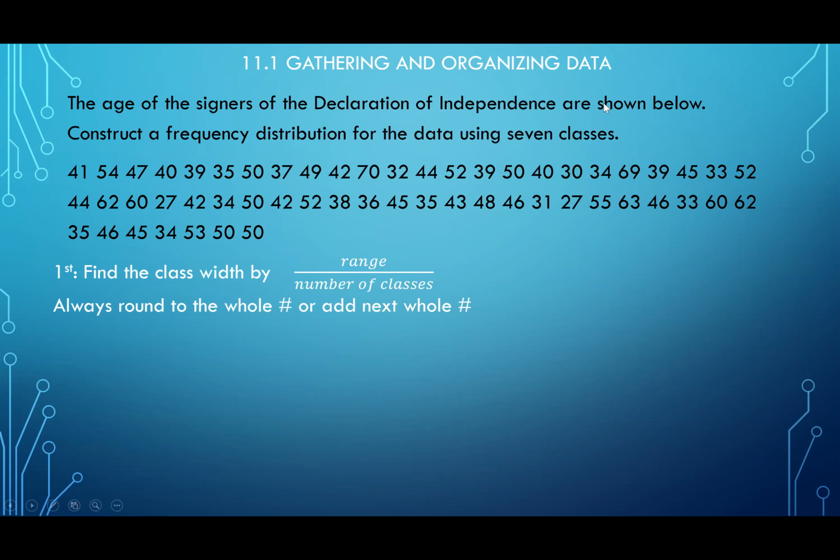In this case, we want 7 classes, right? So if we have this raw data and we want a number of different classes, we need to find the range and divide by the number of classes. And one thing is, your number of classes, you always round to the whole number. And I will mention that later.